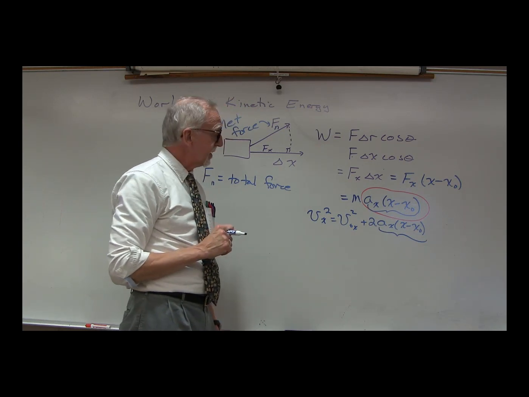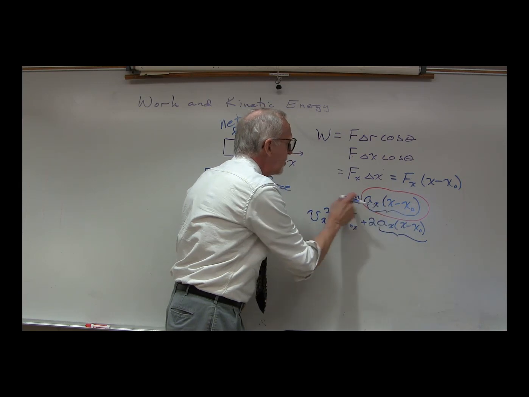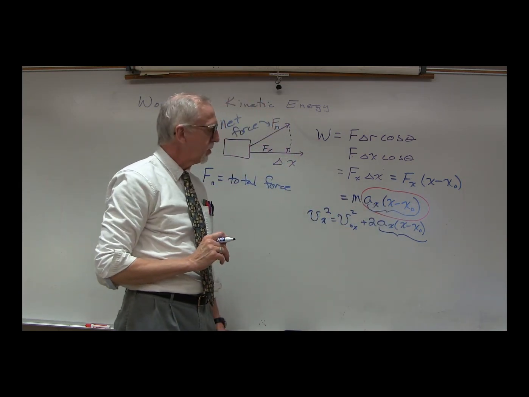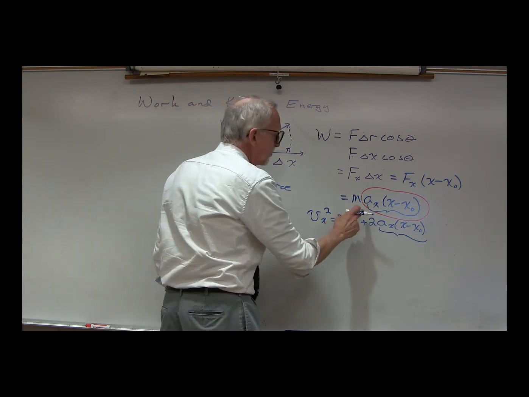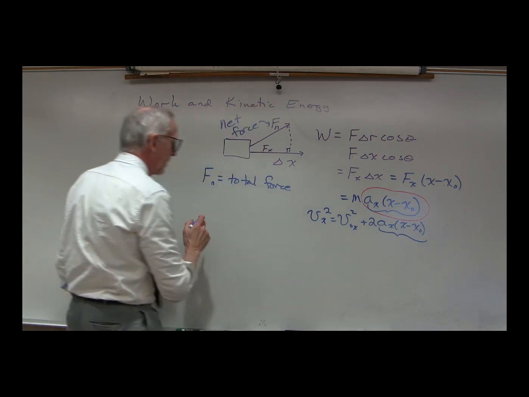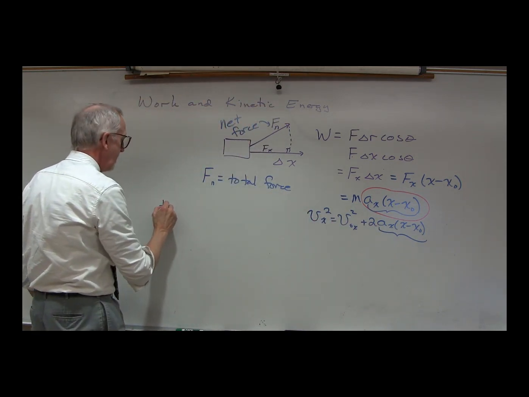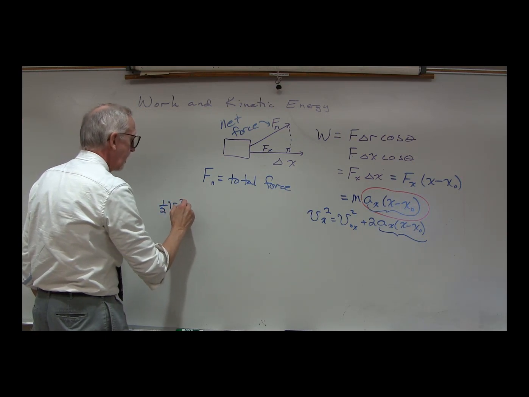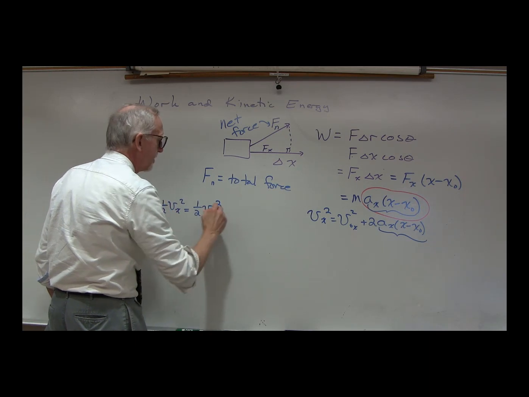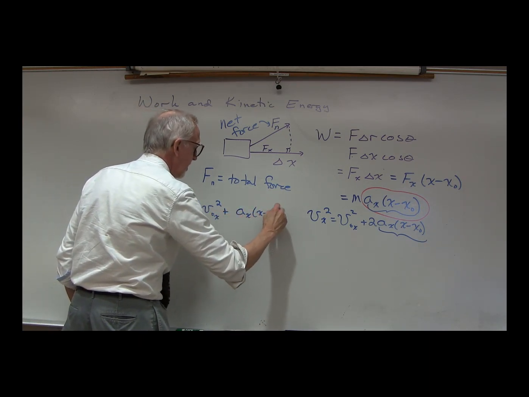Well, that's very interesting. Let's see if we can separate that out and maybe use this idea of work in this equation. So how can we do that? Well, first, let's try to make it look like this thing. So we're going to divide off a 2. Divide this equation, both sides, by 2. And we have 1/2 v x squared equals 1/2 v naught x squared plus a sub x times x minus x naught.